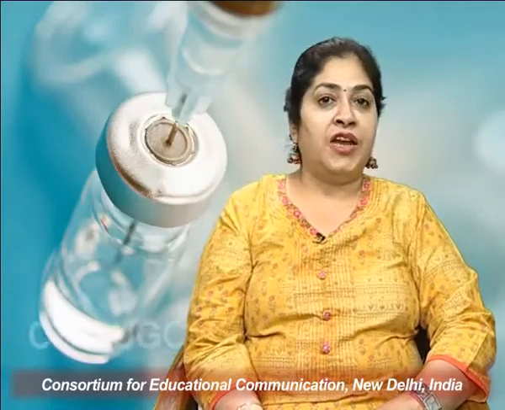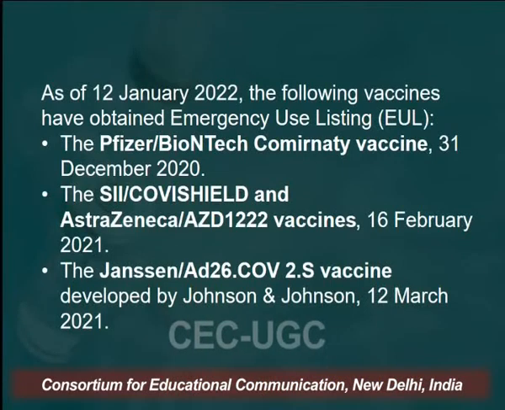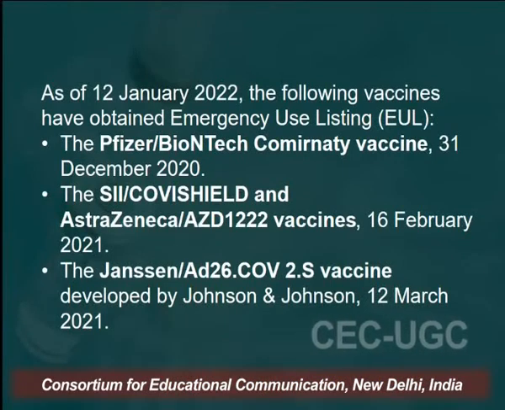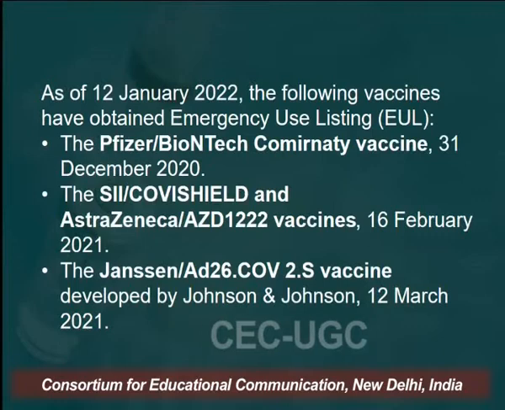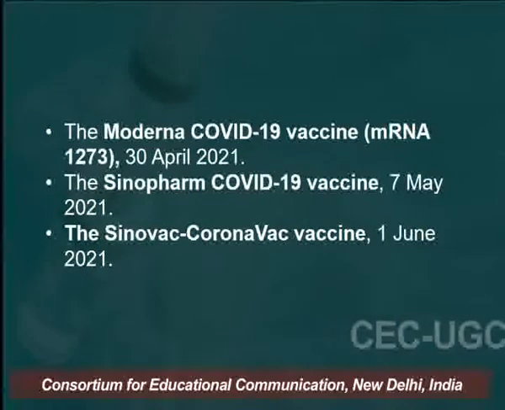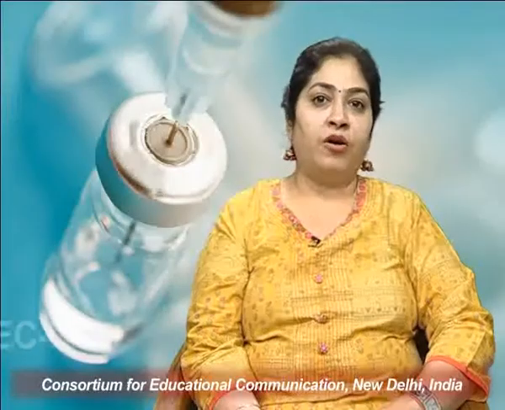As of 12th January 2022, the following vaccines have obtained emergency use listing, that is EUL: the Pfizer BioNTech Comirnaty vaccine, Covishield, the Janssen Johnson & Johnson vaccine, the Moderna COVID-19, Sinopharm COVID-19 and Sinovac CoronaVac vaccine.